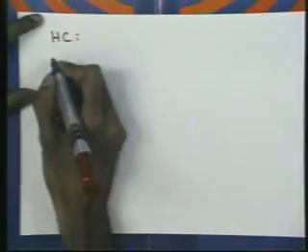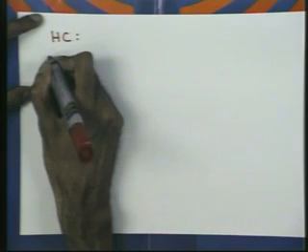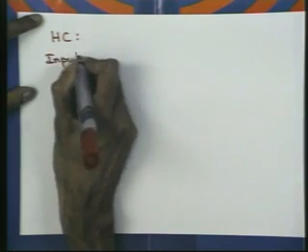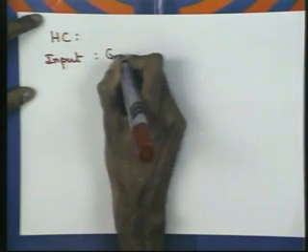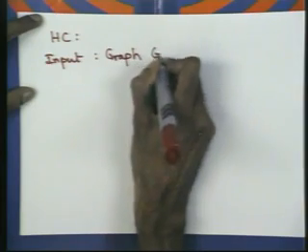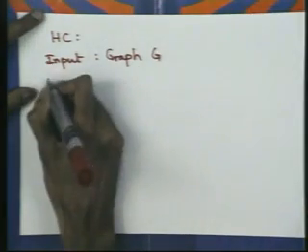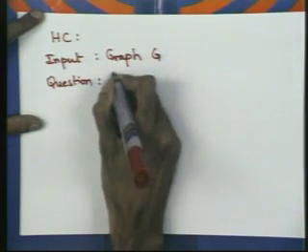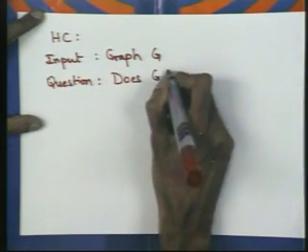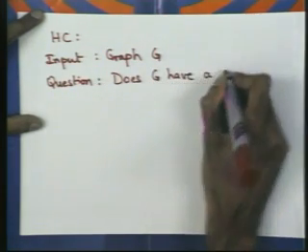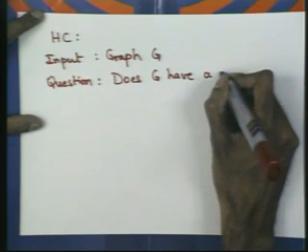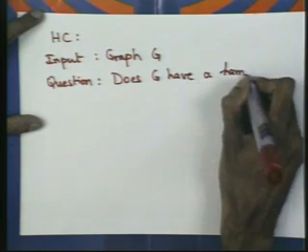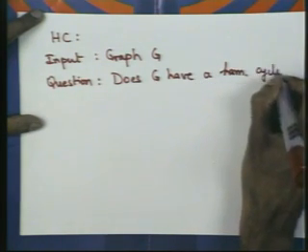Okay. So, the first problem is called Hamiltonian cycle, HC. Input is a graph G. The question you ask: does G have a Hamiltonian cycle?